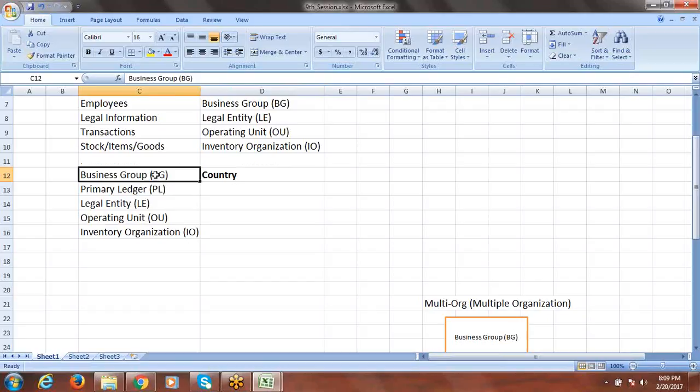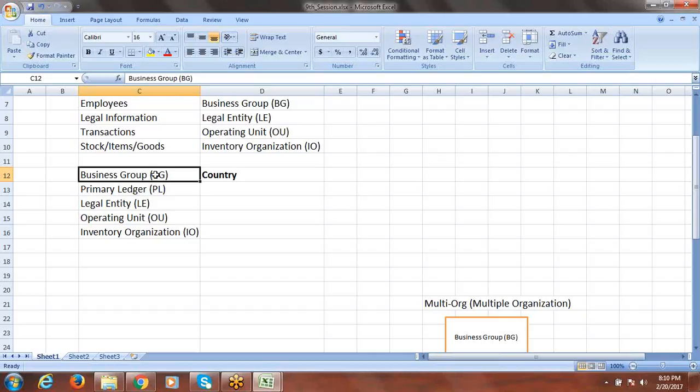When you maintain the business group, you have to specify the currency, which currency the business group will support, and the information within that business group will refer to that currency. Again, the business group is specific to a country, so you also have to specify the country. In one business group you cannot specify multiple countries and multiple currencies. Another point is that the payroll system is totally different from country to country.